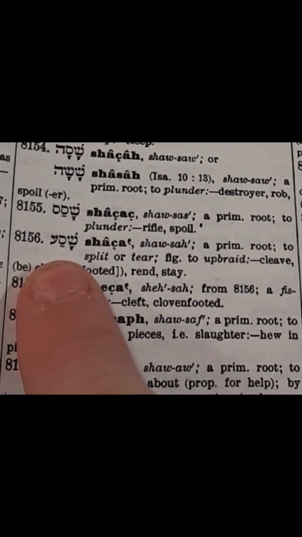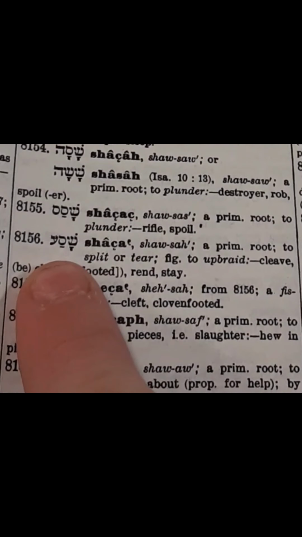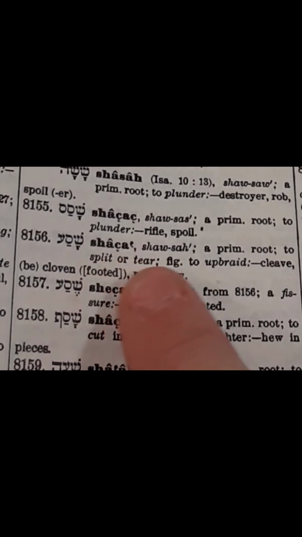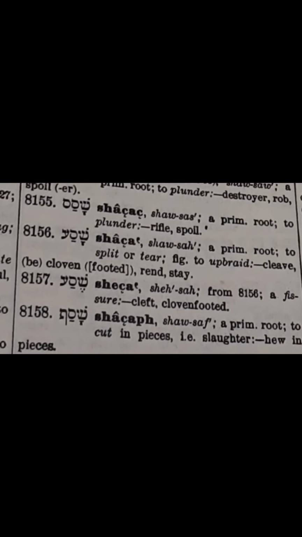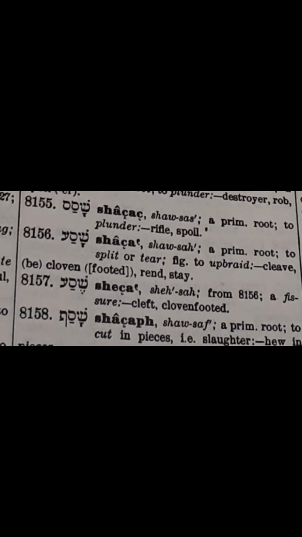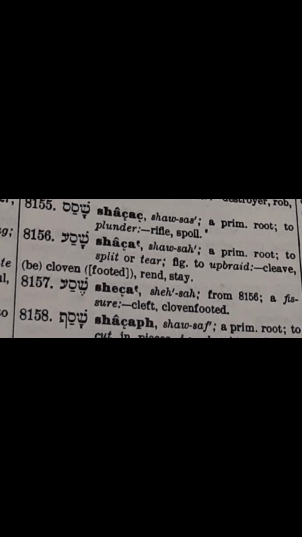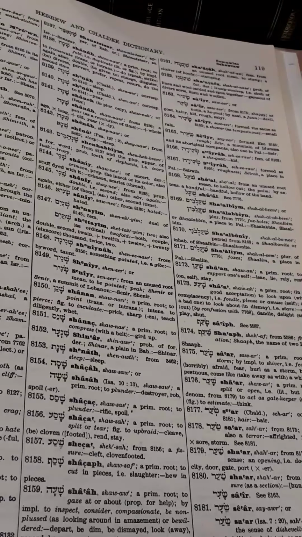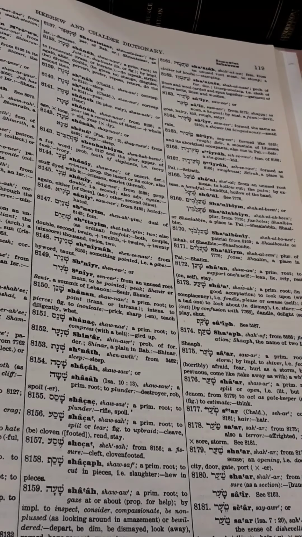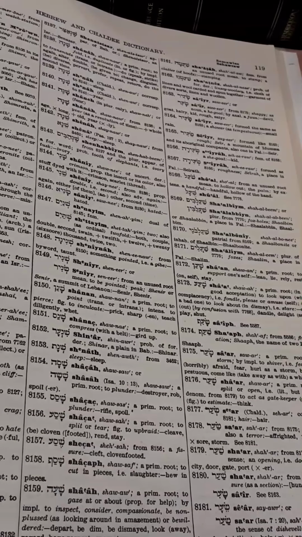And again, there's the original Hebrew spelling, then the transliteration, pronunciation, and then here is the definition right there in italics is where the emphasis is on. It's to split or tear, figuratively to abrade. Okay, so we have two different Hebrew definitions, but we have the exact same English word that is used.